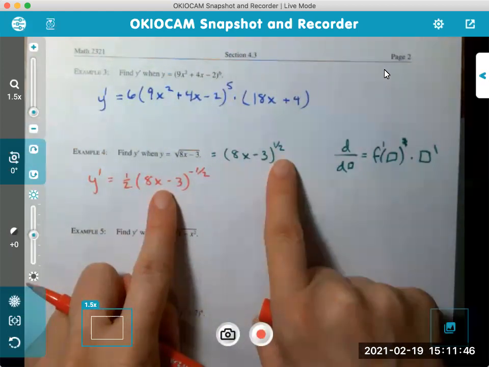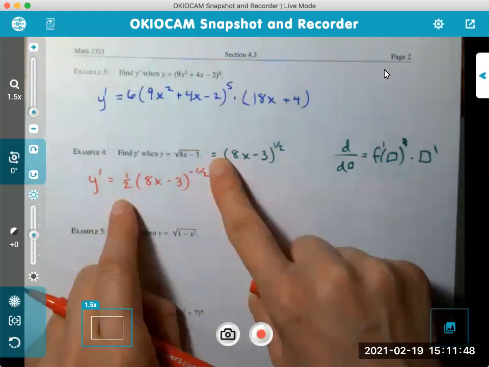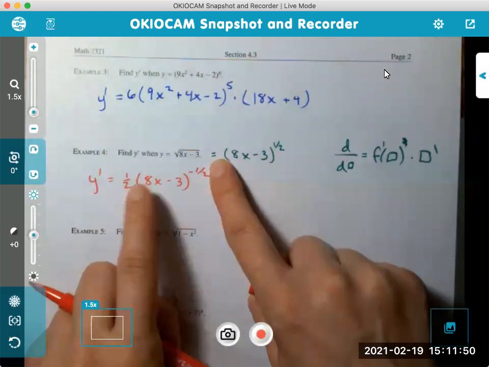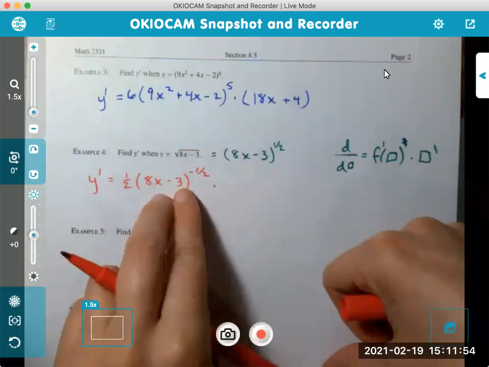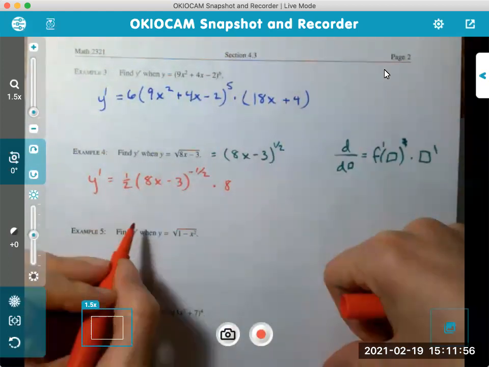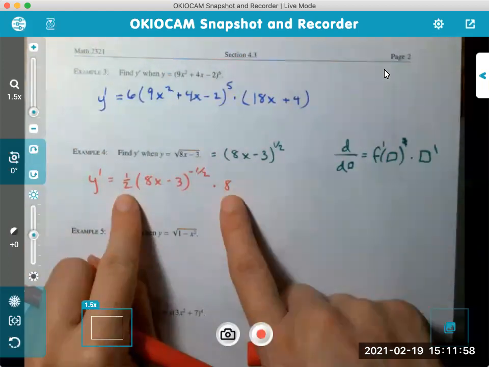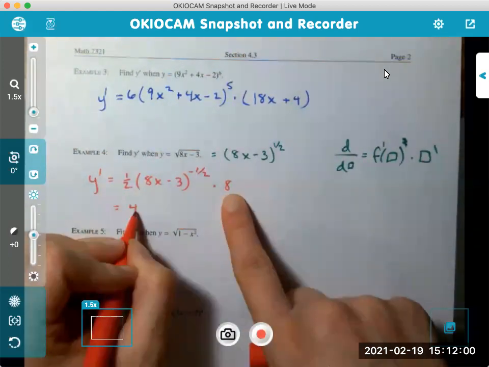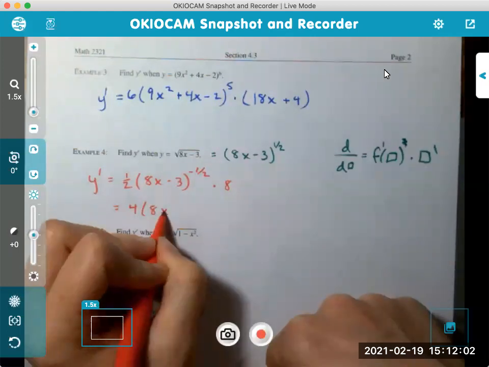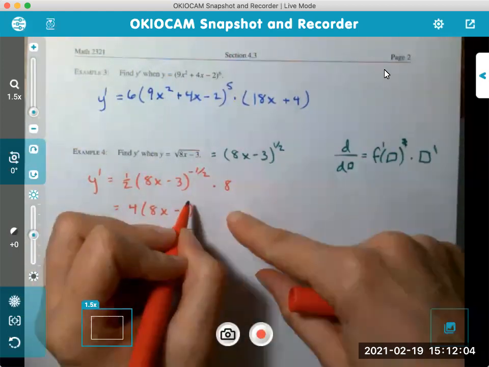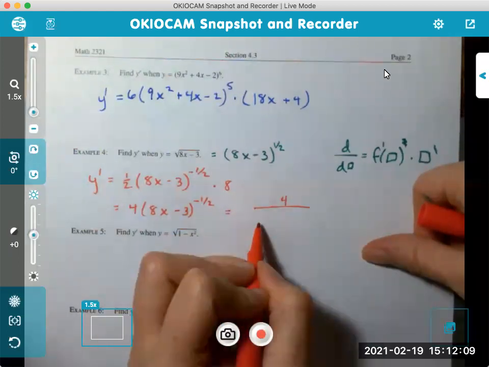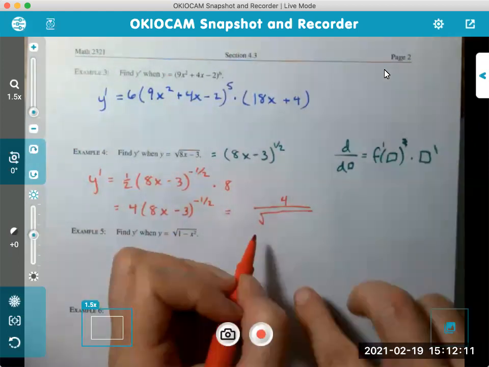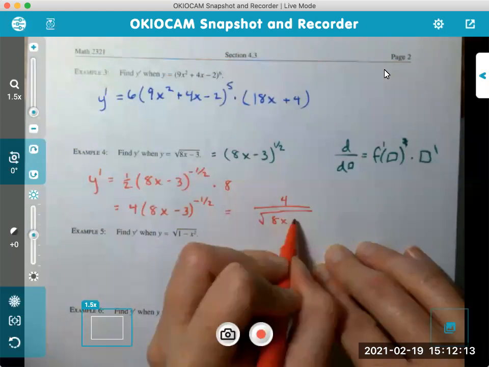The only thing that happened is I did power rule. The exponent drops and I went down by 1. And then I take the derivative of the inside, which is just 8. If you want to clean it up a little bit, you can notice that 1/2 times 8 is 4. So it's 4 times (8x minus 3) to the -1/2. If you want to be a super overachiever, this is 4 over the square root of 8x minus 3.